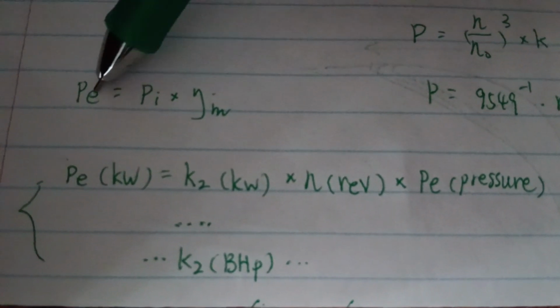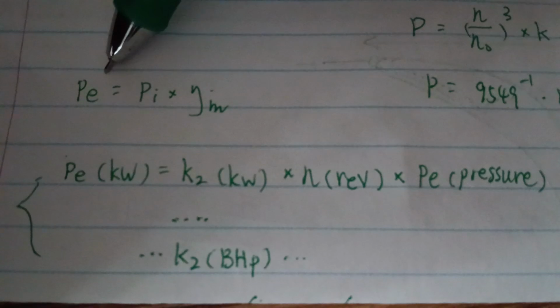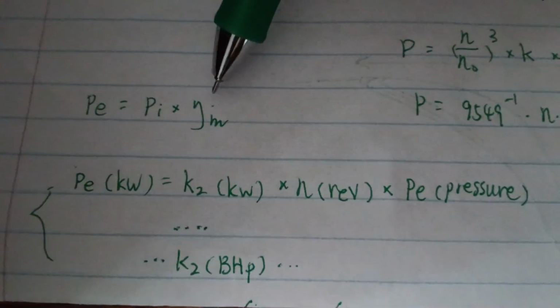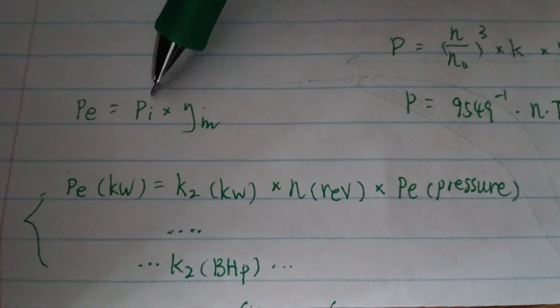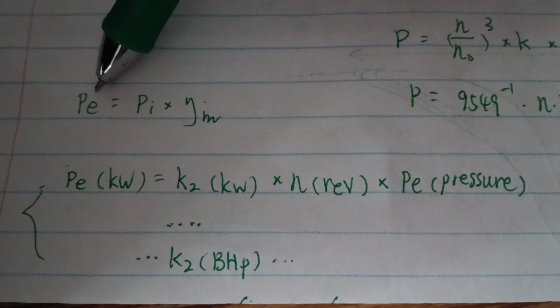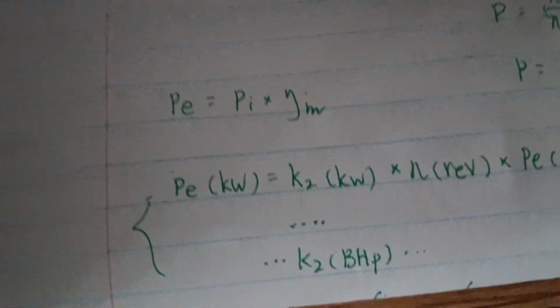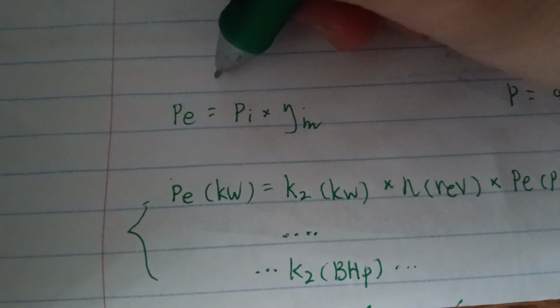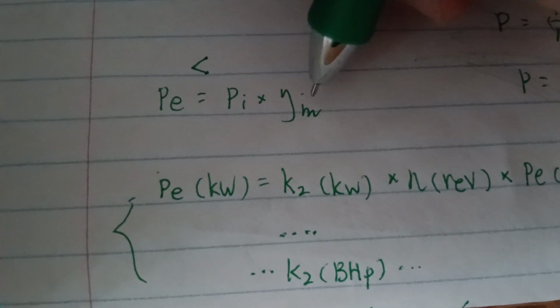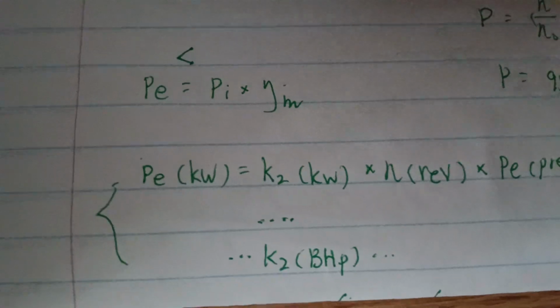So what is the difference between these two numbers? From this equation, you can clearly see that the indicating power is larger than this one because this number is less than 1, right? It's a positive number but less than 1.